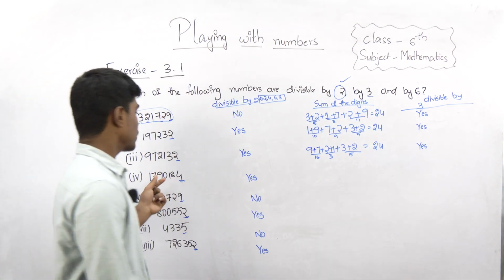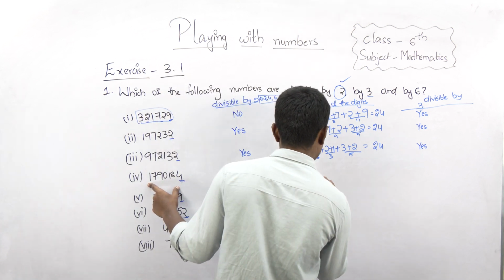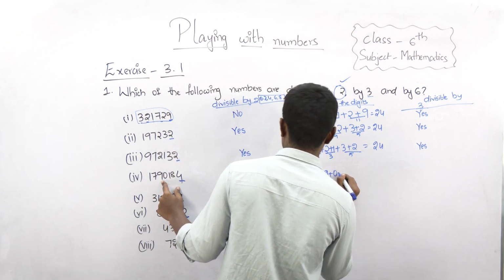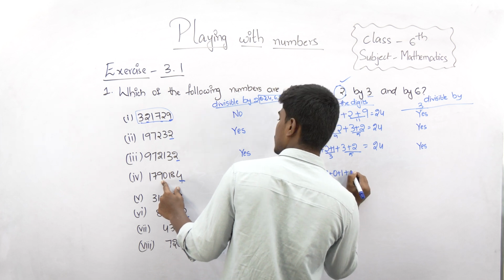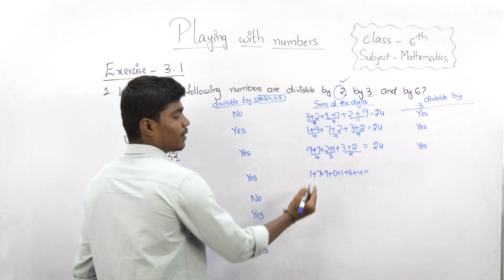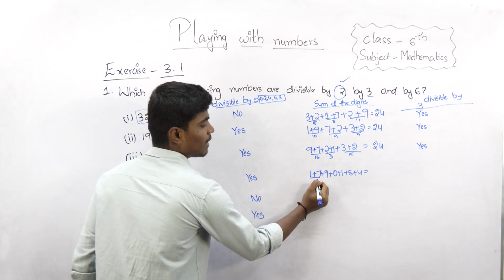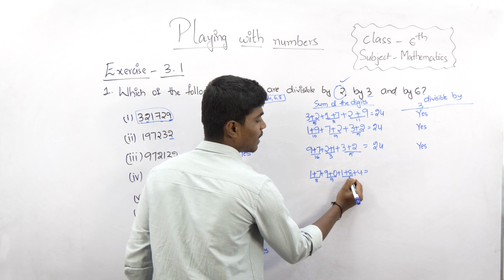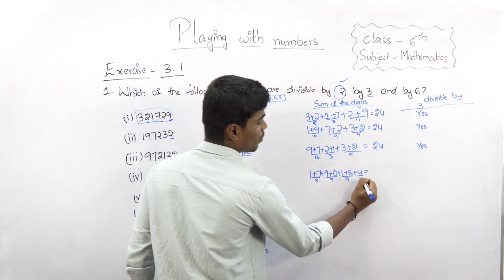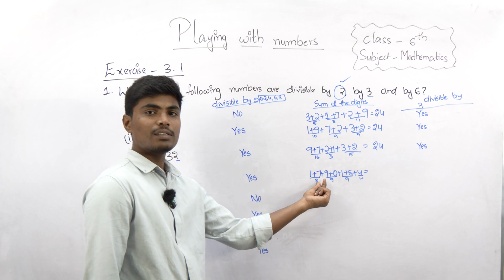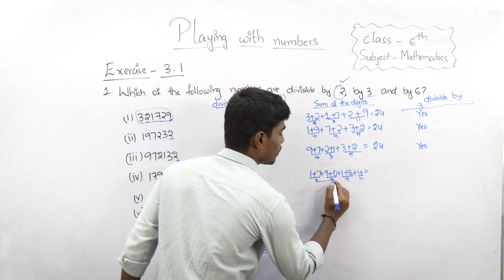Now the fourth one, sum of the digits: 1 plus 7 plus 9 plus 0 plus 1 plus 8 plus 4. 7 plus 1 is 8, 9 plus 0 is 9, 1 plus 8 is 9, then 4. 9 plus 8 is 17.